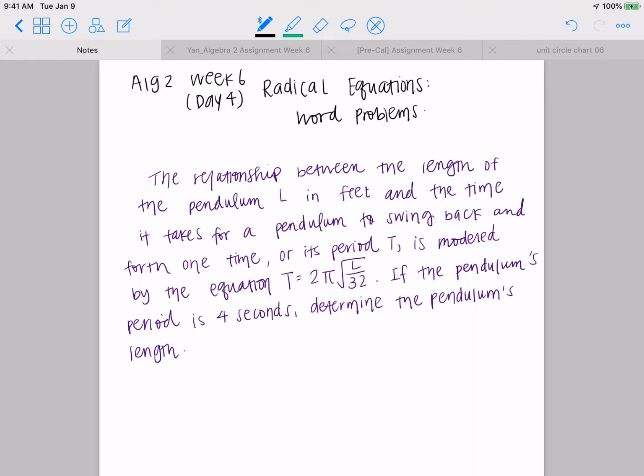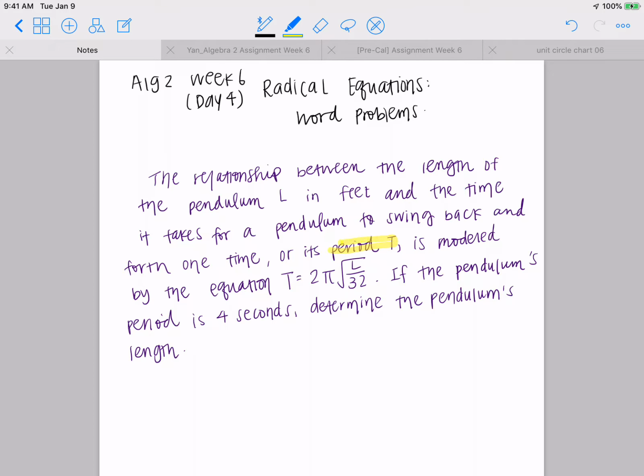Okay, so I have pre-written this question right here. This is from the book, and the question is the relationship between the length of the pendulum L in feet and the time it takes for a pendulum to swing back and forth one time, or its period T. So I'm going to start highlighting some of this important information.